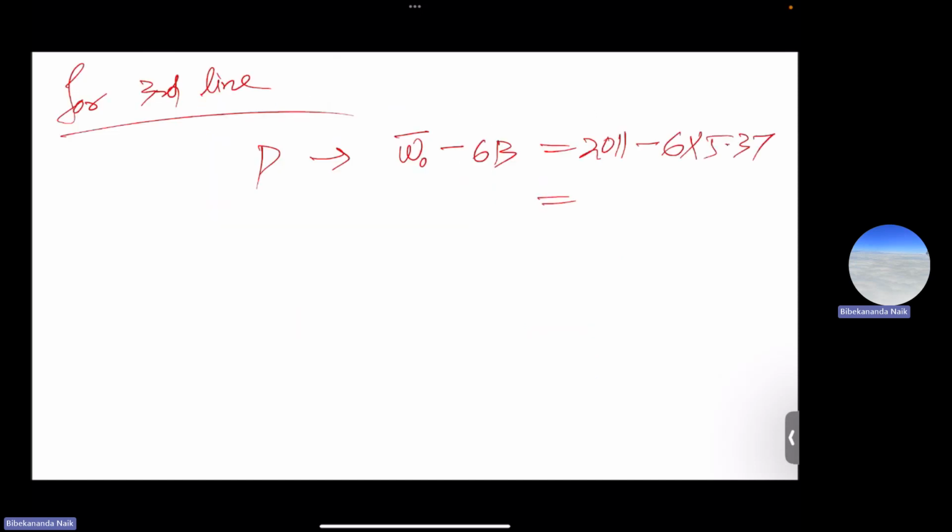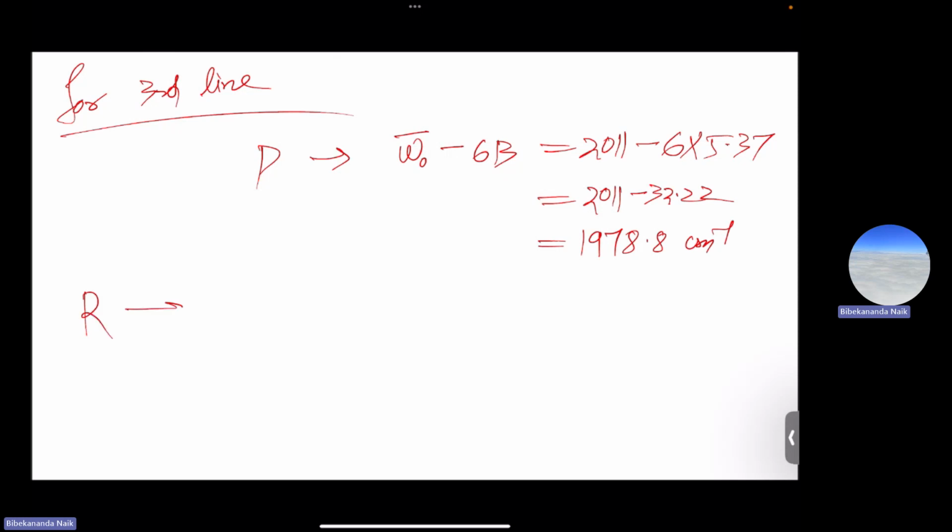So it will give us 2011 minus 6 into 5.37. 6 into 5.37 is 32.22. So it is 1978.8 centimeter inverse. So this is P.